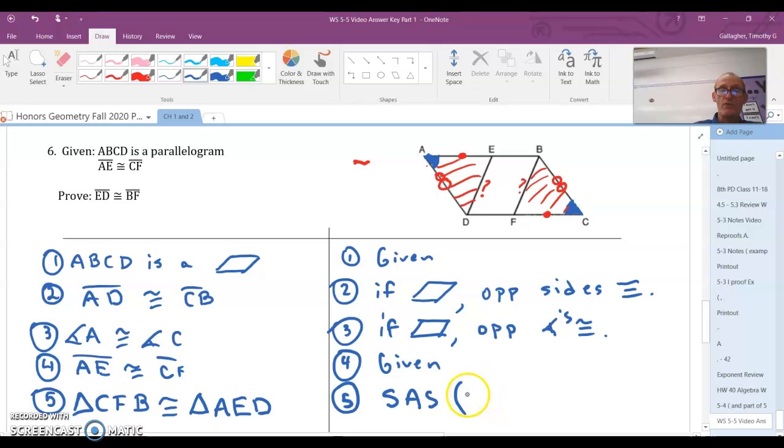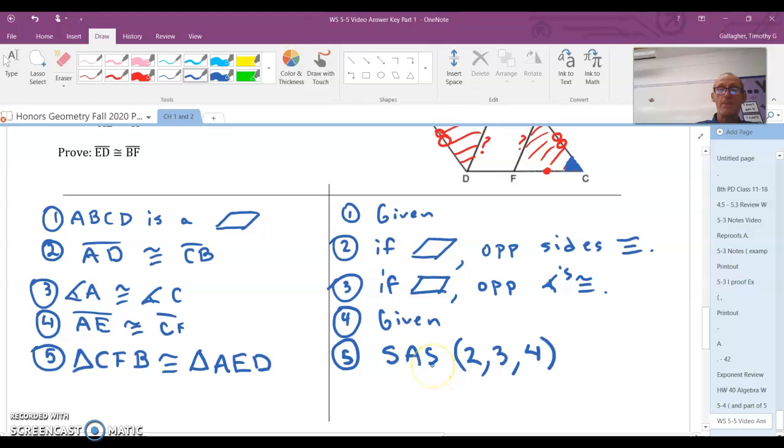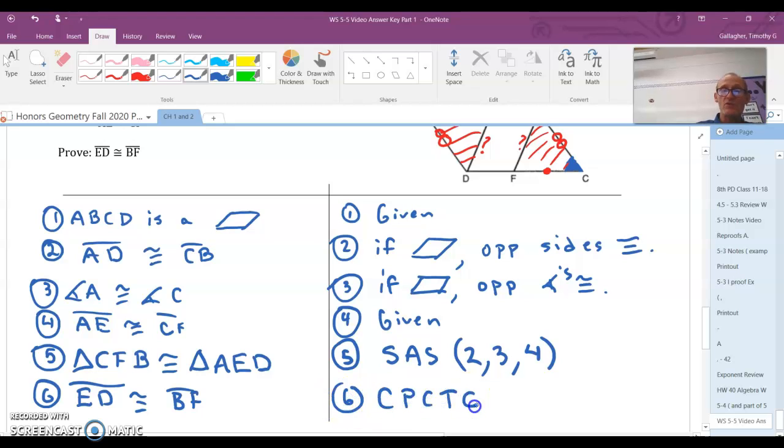Okay, so the first side is 2, the angle is 3, and then the fourth step is the second side. Okay, so the last step would be the CPCTC step, which is ED congruent to BF. Okay, and that's CPCTC.